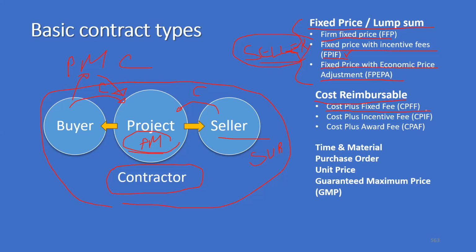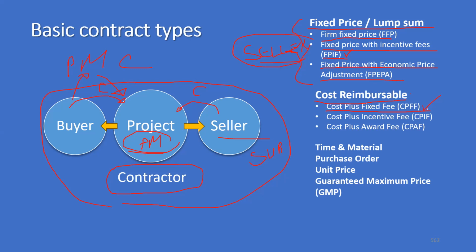So one of the variants of cost reimbursable contract is the cost plus fixed fee. You get the flight ticket, you get the accommodation, you get the airport pickup and drop, all the breakfast, all the food is covered, the local transport is covered, visa processing is covered, and on top of it, you get X dollar. So you never make a loss as a supplier or a contractor or a subcontractor if the contract type is cost reimbursable.